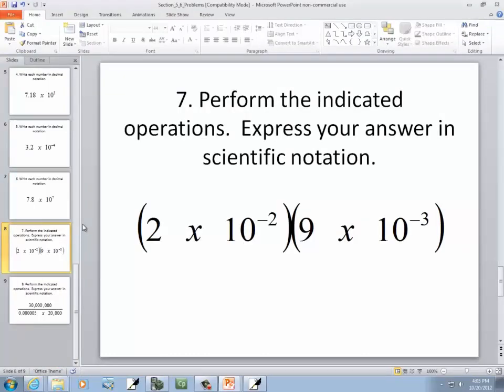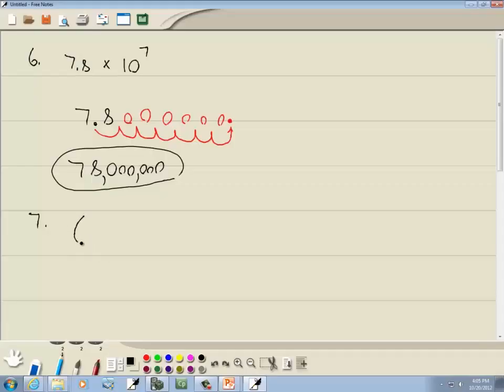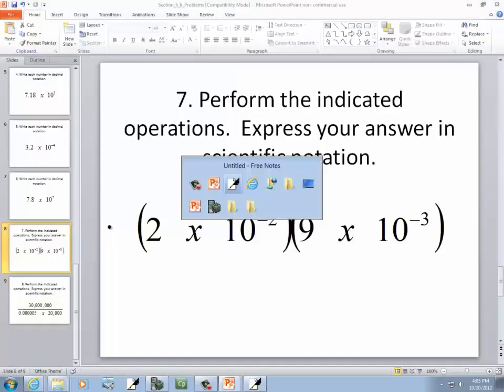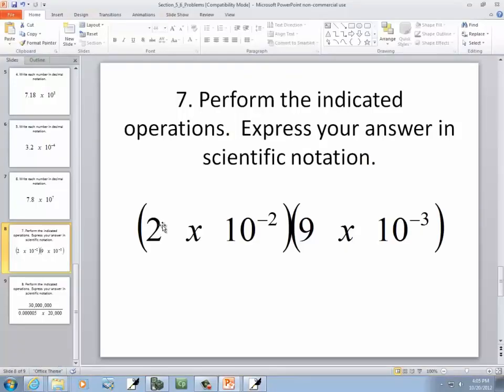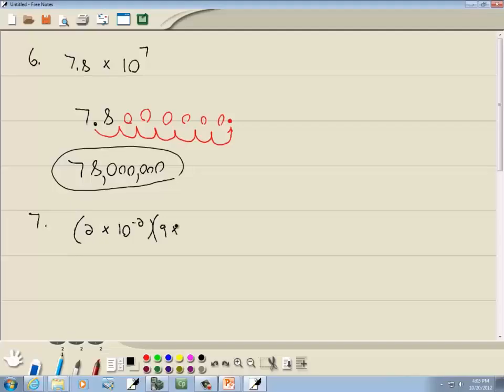Sometimes these are beneficial in calculations. 2 times 10 to the negative 2, and then 9 times 10 to the negative 3. Well, what that means is 2 times 10 to the negative 2.